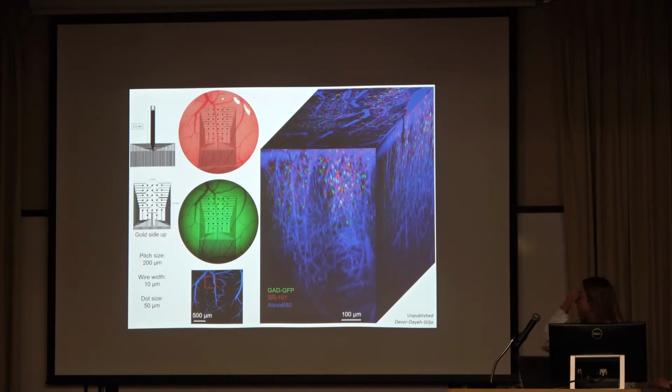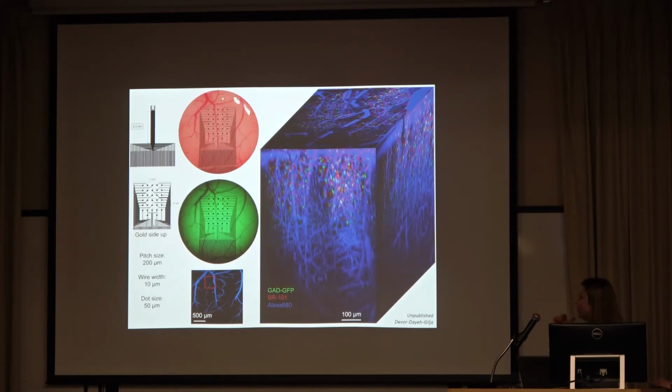Sorry. So we have done some acute experiments with these arrays, and we would like to see how transparent they are and how we can image. This is a GFP positive mouse on the GAD positive cells, so you can see the cells as green, and also the astrocytes are labeled with SR101, and the vessels are filled with Alexa 680 dextran. This stack I took with two different wavelengths, because of how they give the fluorescence.